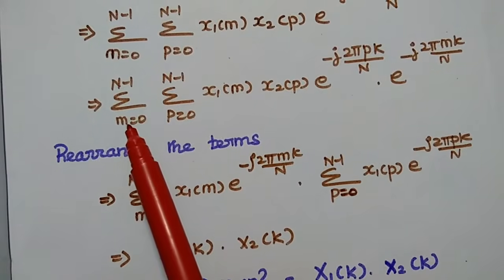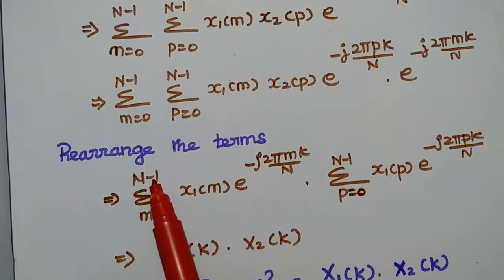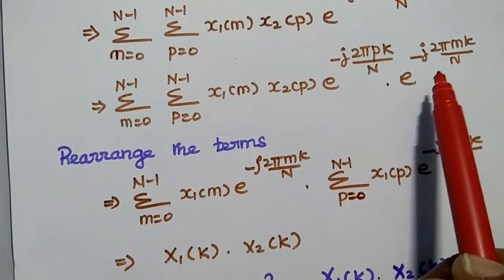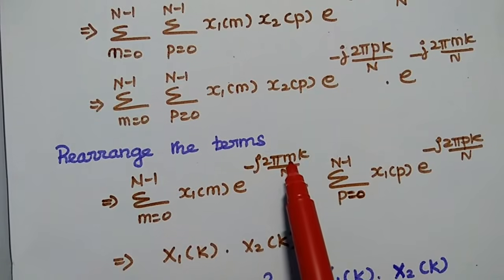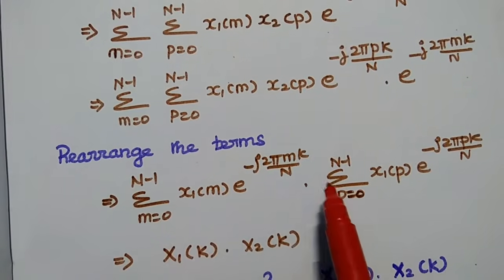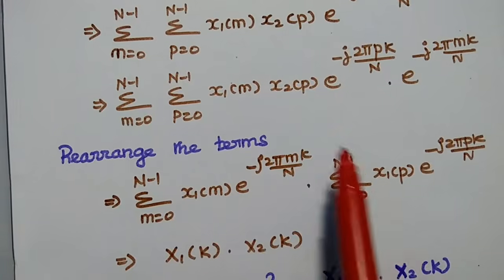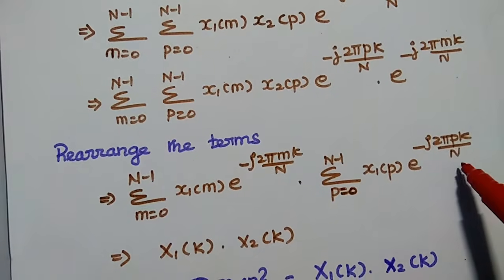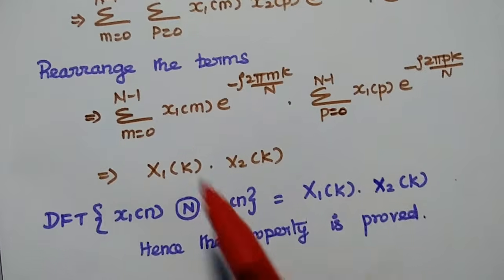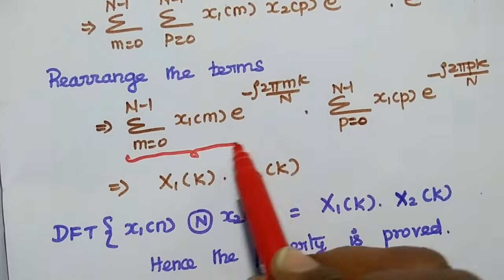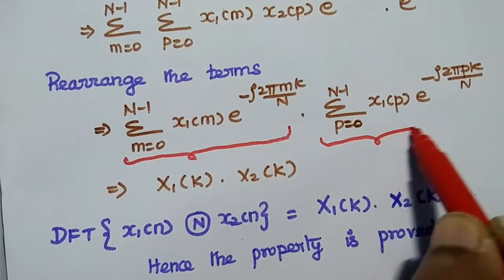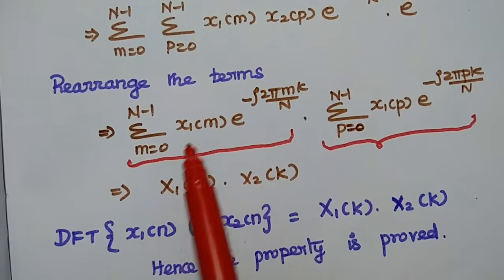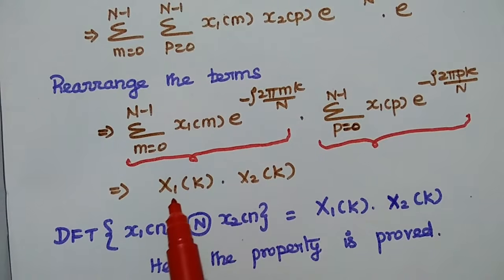Grouping the similar terms, here summation m equal to 0 to N minus 1 x1 of m e power minus j 2 pi mk by N, and then summation p equal to 0 to N minus 1 x2 of p e power minus j 2 pi pk by N. Finally, we can rewrite this expression as X1 of k times X2 of k, because this is the formula of the DFT of x1 of m, which can be written as X1 of k.